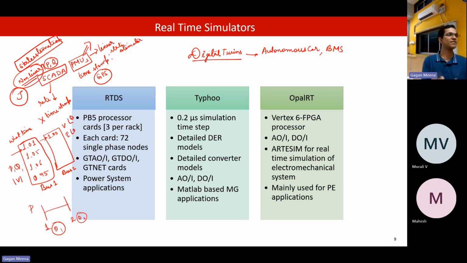Then I can model the transmission system in the RTDS. RTDS is primarily used for power system applications. In RTDS, we can model the entire transmission network, and at that particular bus where we want to install that relay, we can connect the relay to the hardware through a power amplifier.